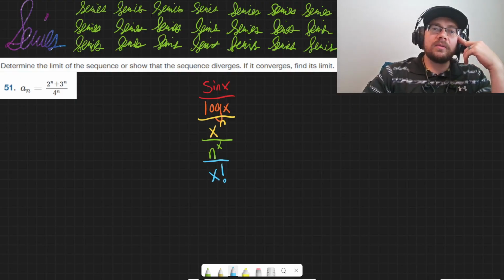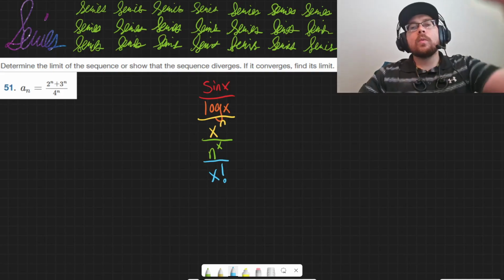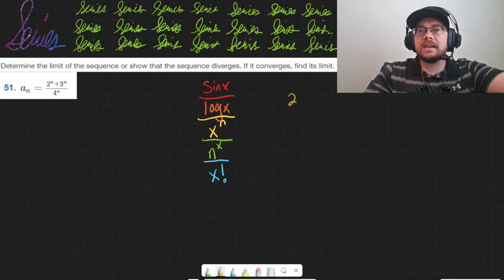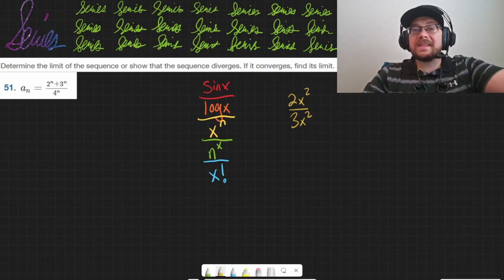And we have two different exponentials with different kinds of functions. For instance, let's say I said it was 2x squared over 3x squared. Okay, well then those have the same power. They have the same degree.